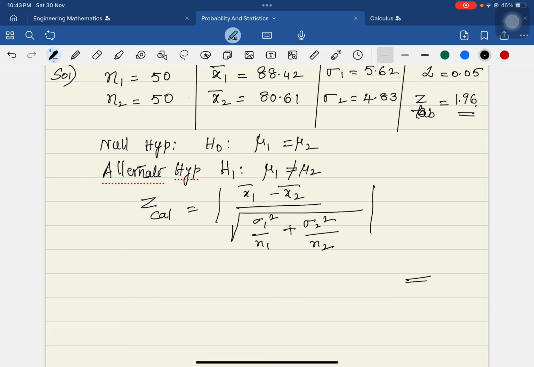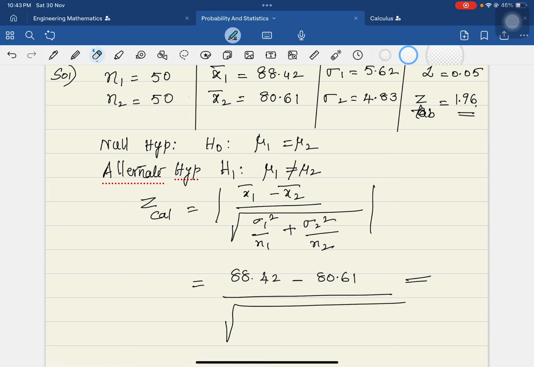Now let us solve this problem. x1 bar is 88.42 minus x2 bar 80.61, over the square root of sigma 1 square, 5.62 the whole square over n1, 50, plus 4.83 the whole square over 50.